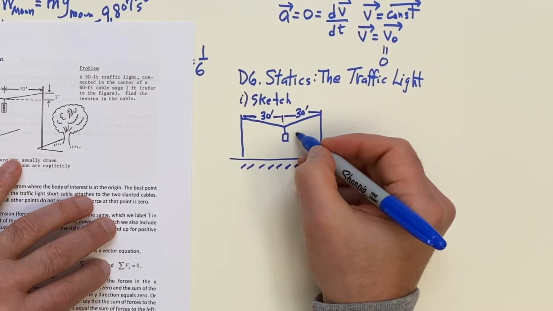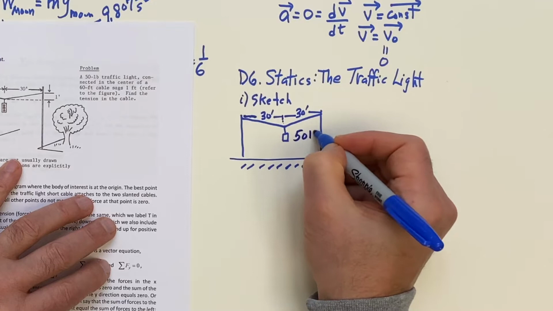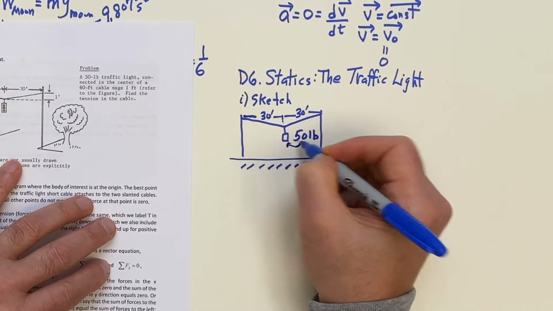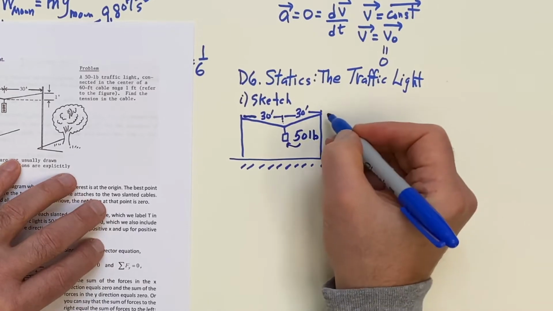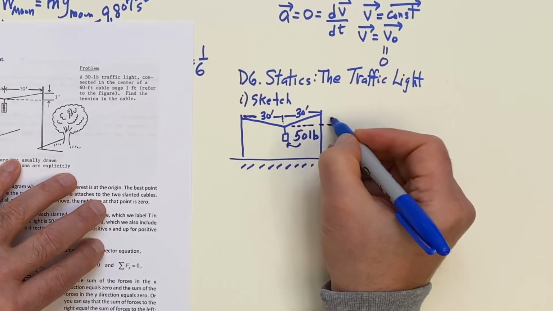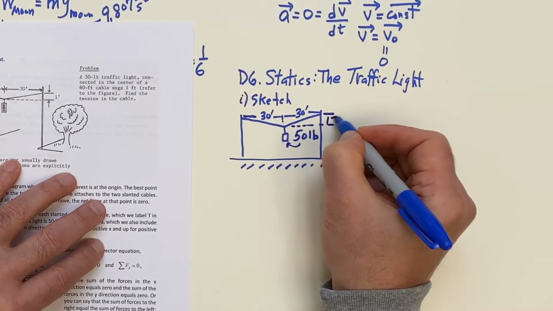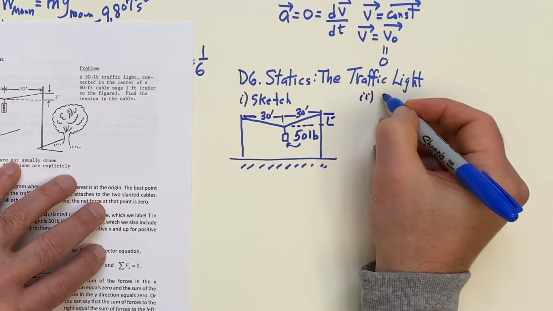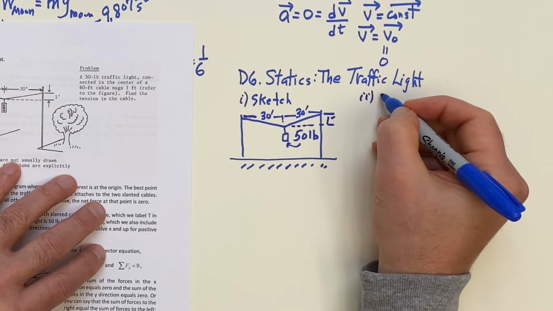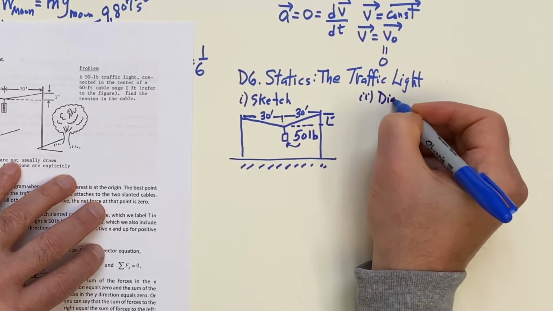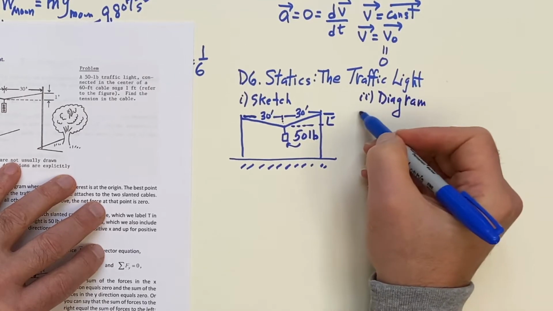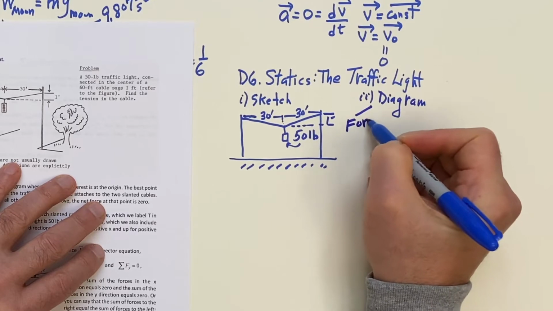This is good. And you can label this as 50 pounds here as the traffic light. And the sag here, 1 foot. Okay. Then step 2, what you do is what's called the free body diagram, or we can call it the force diagram.